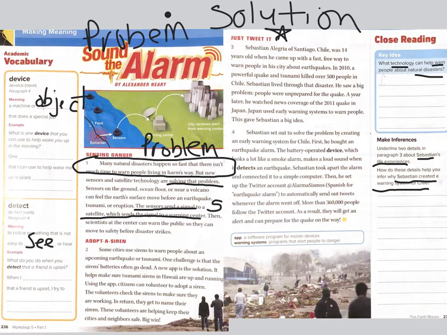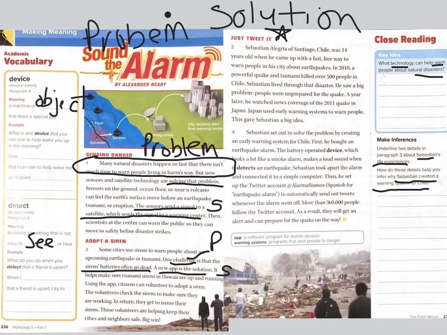Big win. Now, I want you to know too that the word challenge here is another word, a synonym, for the word problem. So that's my problem. So when you see the word challenge, you know that can also be a problem. Now the problem here is that siren batteries often go dead. Now we know that the solution here is to create an app, and that's our solution.